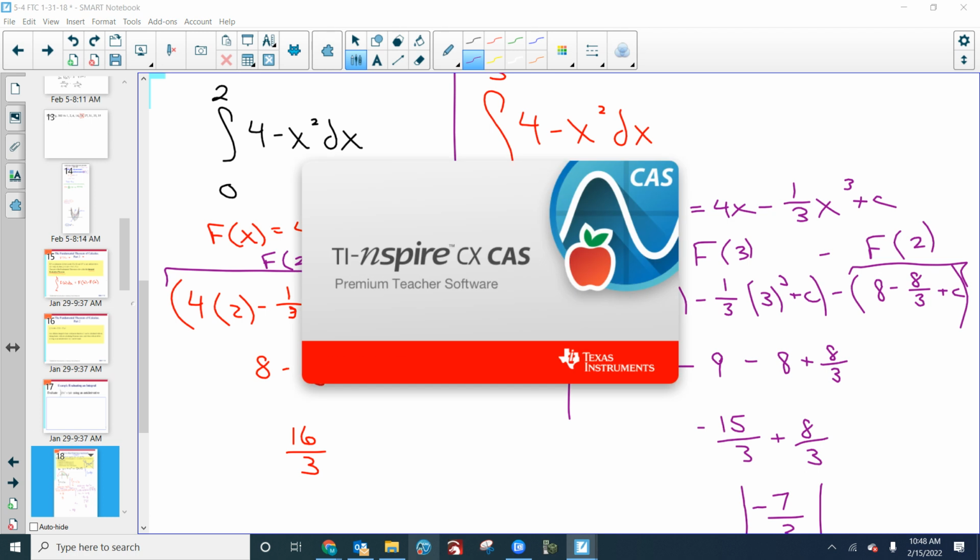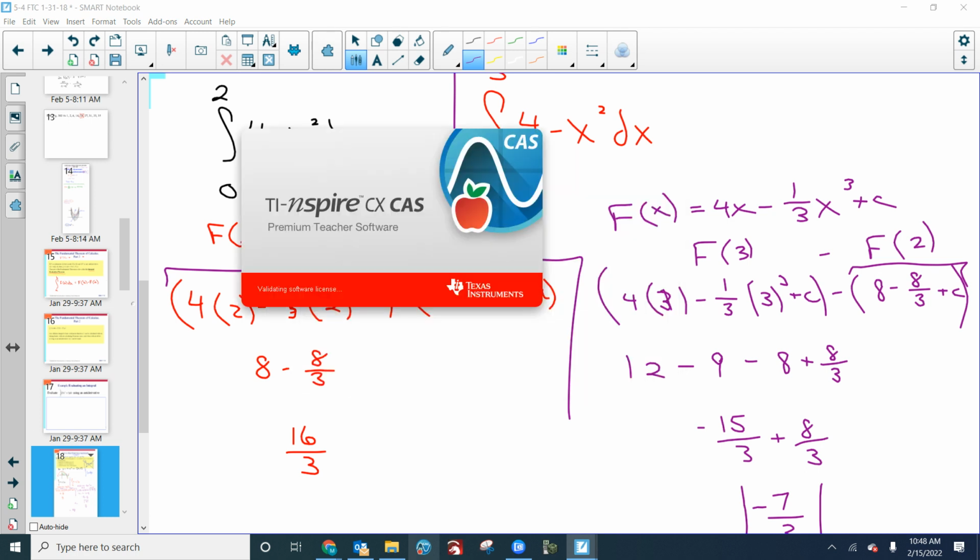Now, if you have the option to use a calculator, you're not going to break it up into a bunch of intervals. And honestly, if you have a calculator, you're not even going to have to graph it. We're just going to place an absolute value around the integrand, the 4 minus x squared part. So the absolute value button is in the templates.